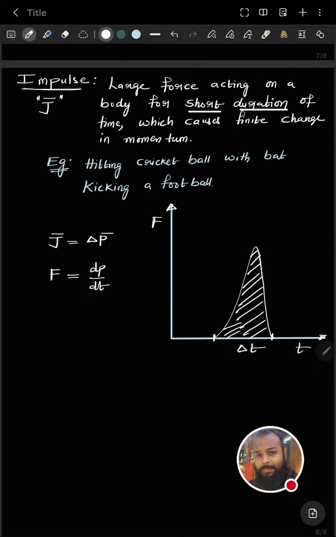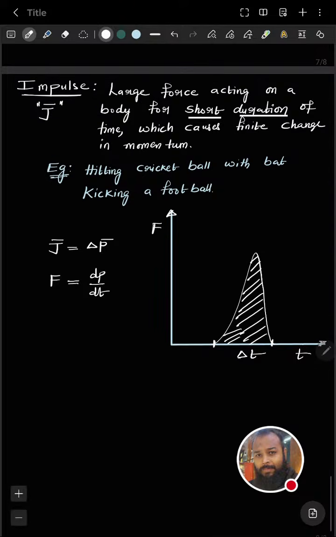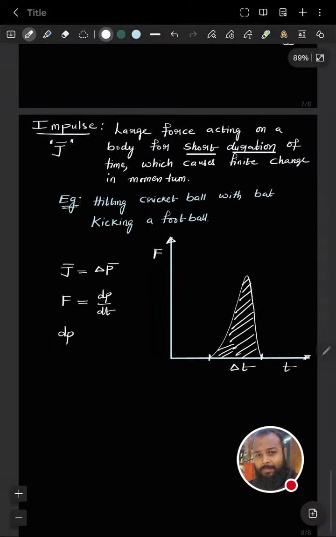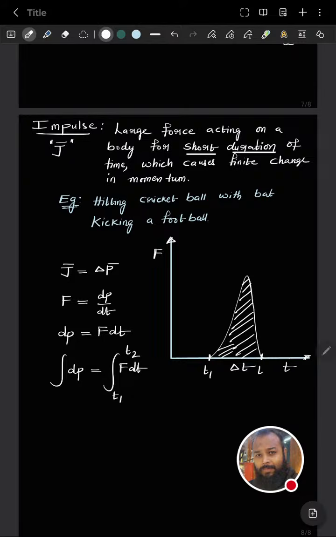Thrust of a rocket is not impulse, Muhammad Wasim. So then here dP will be equal to F into dt. Now I'm integrating on both sides. So integration of dP is equal to integral F dt, from t1 to t2. Let's say this is t1 and this is t2.